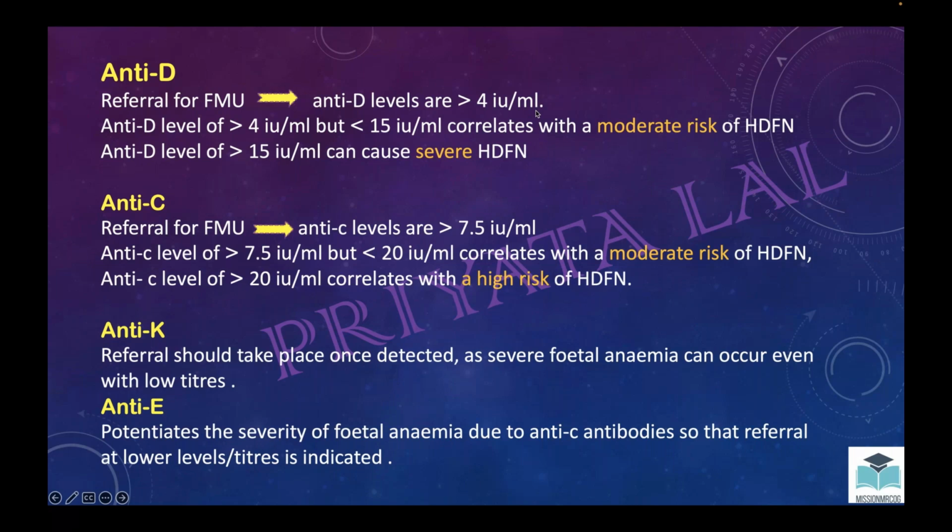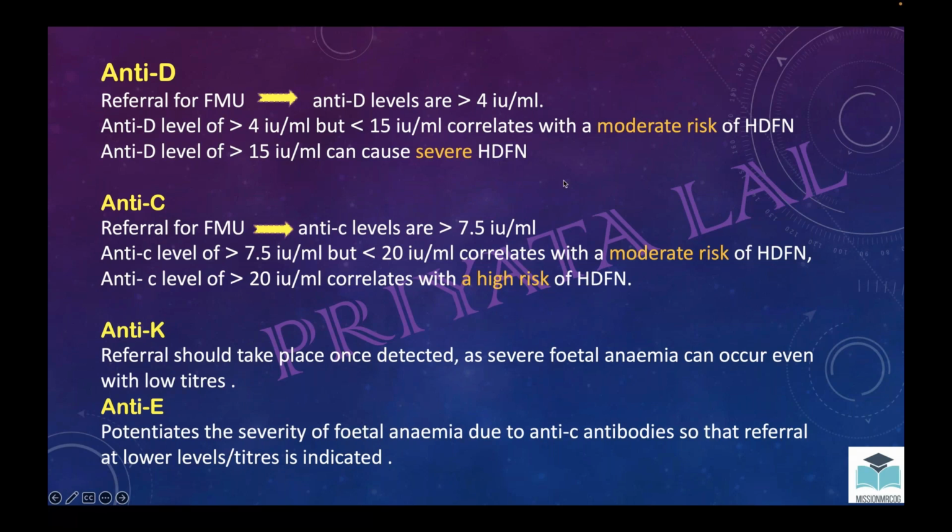If the level is more than 4 but less than 15, then the baby is at moderate risk of HDFN. You get SBA questions from here. But once the level of anti-D is more than 15, it causes severe HDFN. So every part is important.